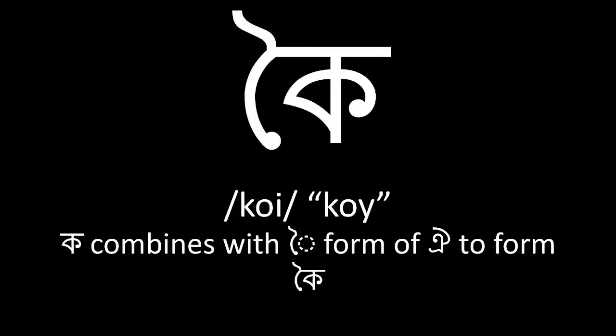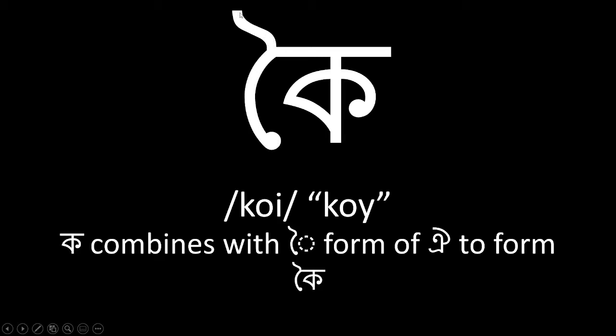This is another example of a symbol that goes before the letter, and it still belongs to the K consonant, even though it's before it, just like the previous vowel. Sorry, I'm having trouble getting my mouse to show up.